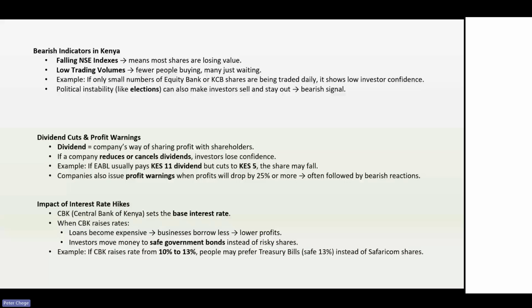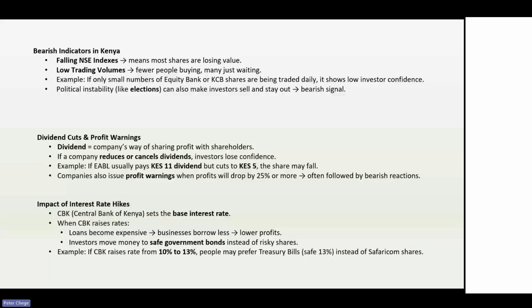They need their money back. Remember, they can't go to Safaricom or EABL to request for their money. That's why those companies are listed at NSE, so that if you need your money and you're a shareholder, you sell to a willing new shareholder. So you sell to me, I will give you the cash. That is done through the broker. You exit as a shareholder, I become the new shareholder.